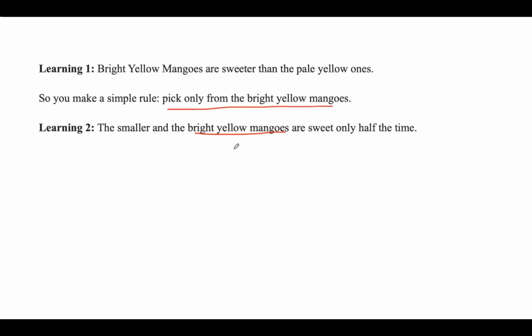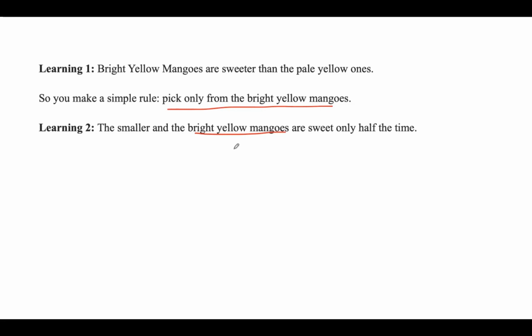So you're worried as your wisdom was insufficient. You concluded that when it comes to shopping for mangoes, you have to look for more than just the color. After a lot of pondering and tasting different types of mangoes, you concluded that bigger bright yellow mangoes are guaranteed to be sweet, whereas smaller bright yellow mangoes are sweet only half the time.